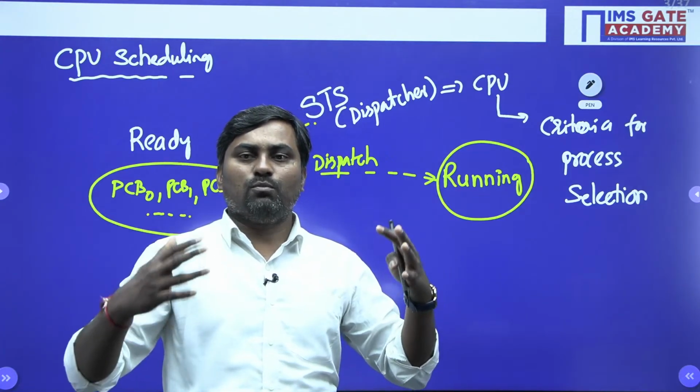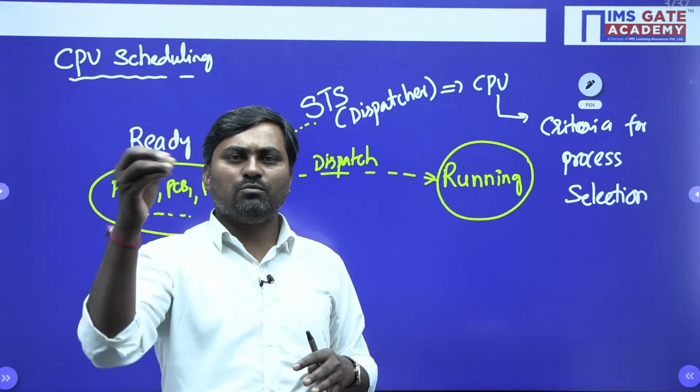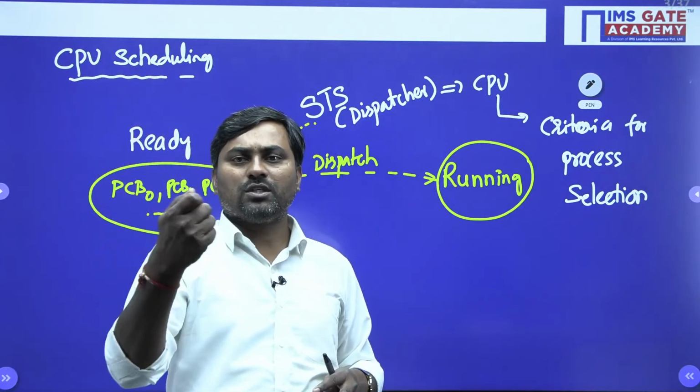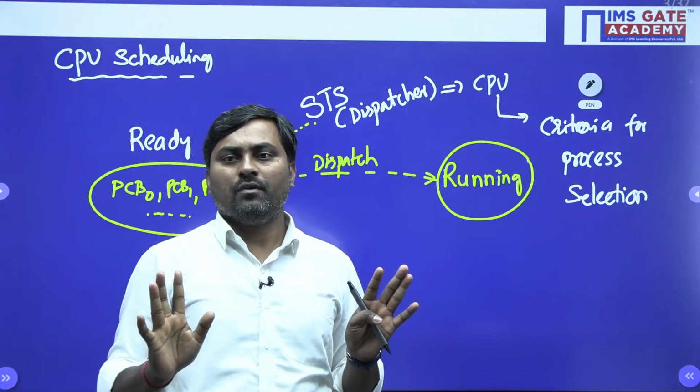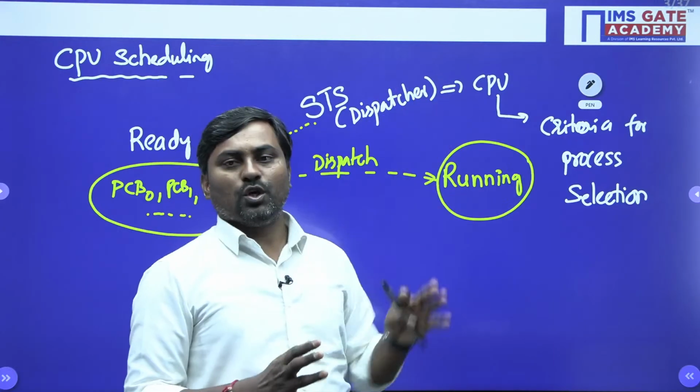Whenever the ready queue has more than one process, you apply some selection criteria, technique, or algorithm, pick a process and assign it to the CPU. That's the only activity of the short-term scheduler, or CPU scheduling, or process scheduling.